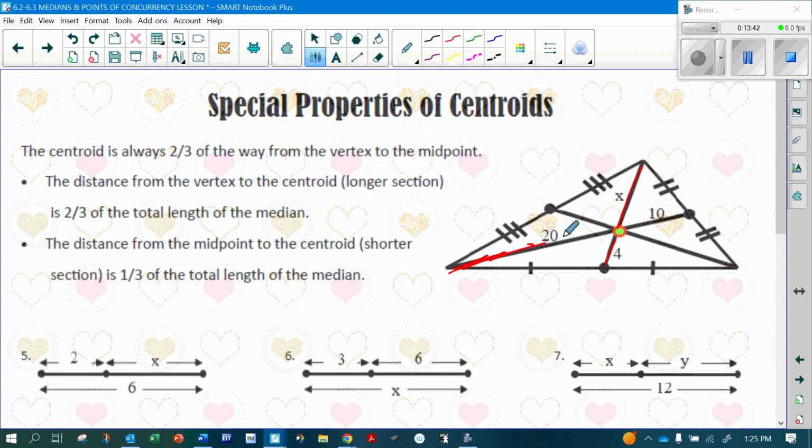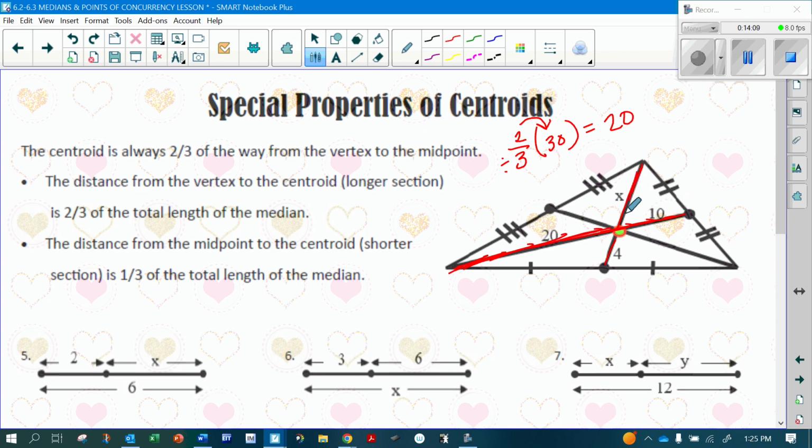This whole thing is 30. So if I did 2/3 of 30, 2 times 30 is 60. 60 divided by 3 is 20, which is why this is 20. Does that make sense? And of course, if this is 20 and the whole thing is 30, then obviously that's going to be 10.